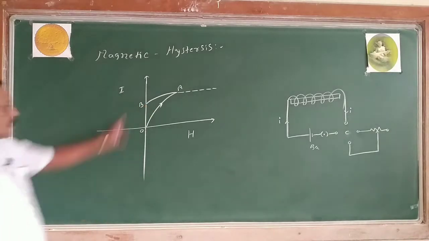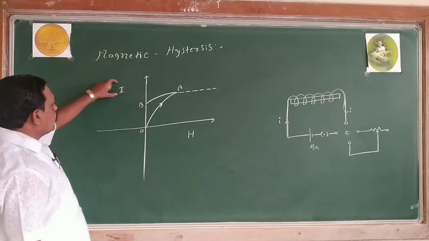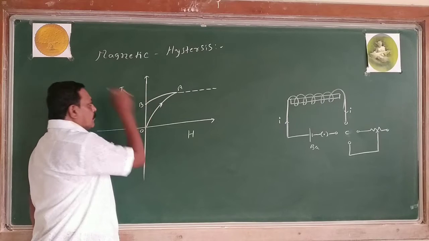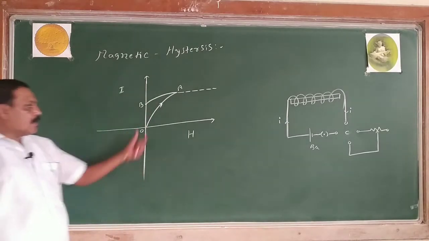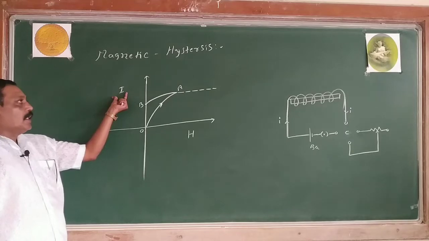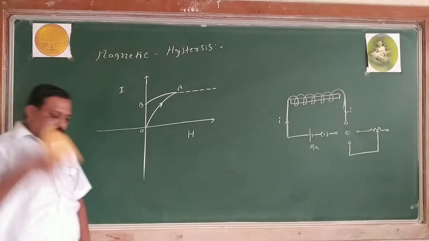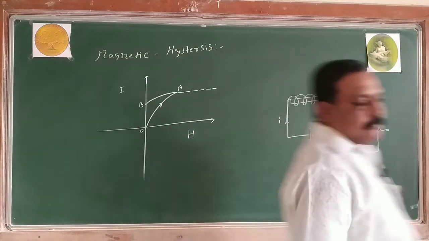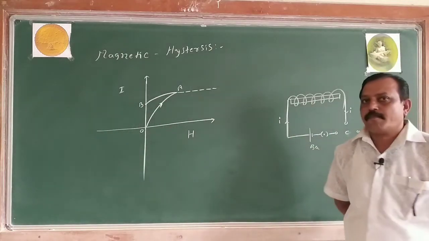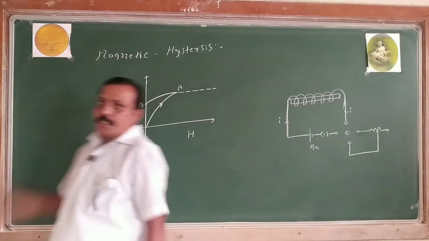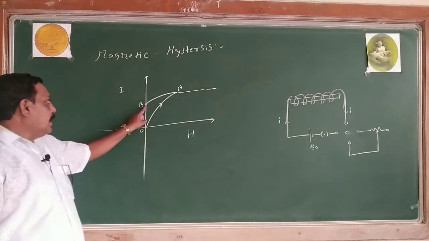Here H is zero, but OB indicates the value of I. This is an important factor. Even though the magnetizing field is made zero, the intensity of magnetization is not zero. Still the magnetic property is left in the material. This is called residual magnetism, and this phenomenon is called retentivity.